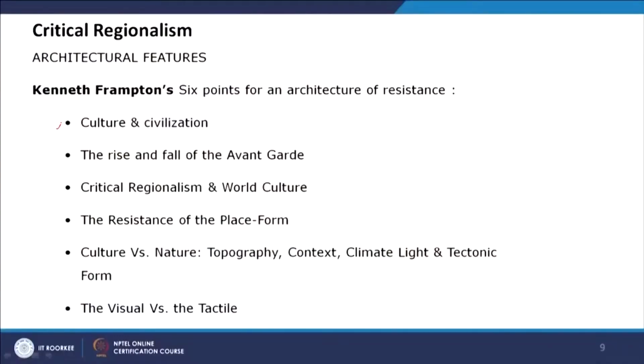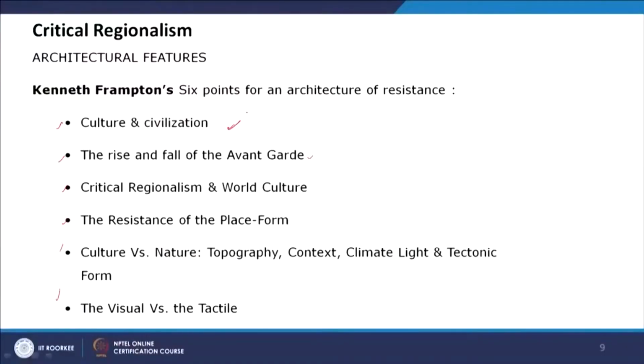Now Kenneth Frampton in his six points of architecture of resistance talks about these points, which are the chapters, so you can read his write-up. So these are the paragraph headings, and then gradually together with the six headings he is talking about critical regionalism.